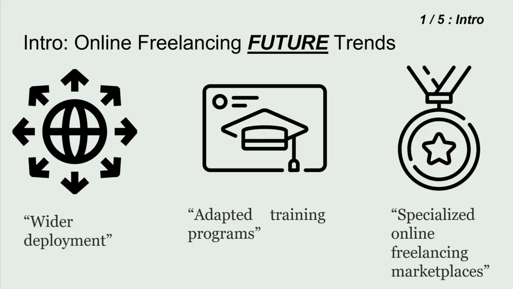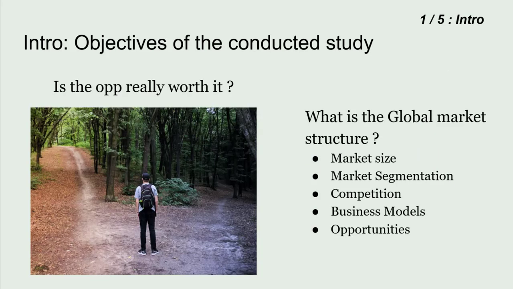A general first intuition is then built through this general introduction regarding online freelancing. What is the main purpose of the current report? It's mainly to provide the reader with a first taste of online freelancing from both qualitative and quantitative aspects. It aims also at providing the reader with some elements for confidently assessing the worth of this market.